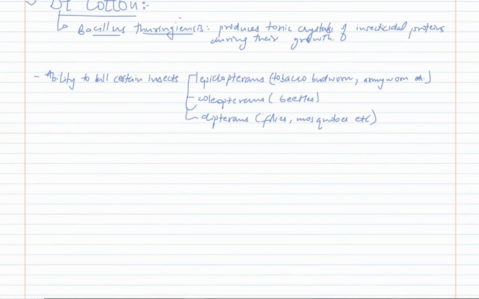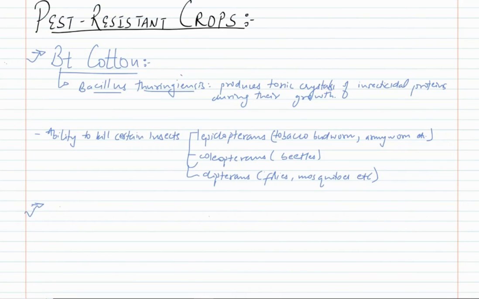Now, this ability to kill the insects comes due to the presence of a protein known as cry protein. This cry protein is toxic to the larva of insects.